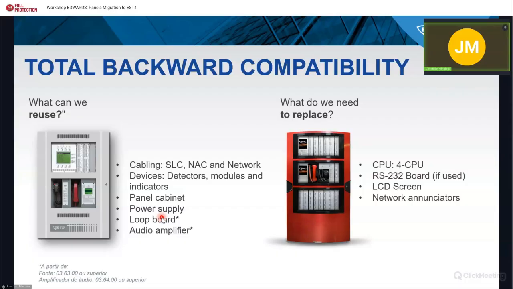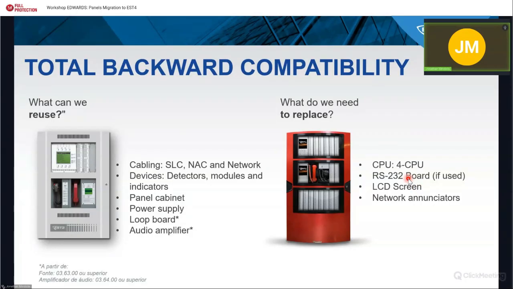Then we have the second scenario, with audio evacuation and fire telephone, where you must change your cabinet to the EST4 cabinet, change your CPU, and change your LCD touch screen. So it's really easy to get all the benefits of the EST4.